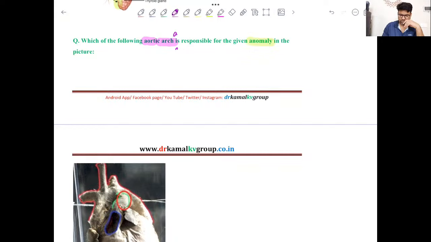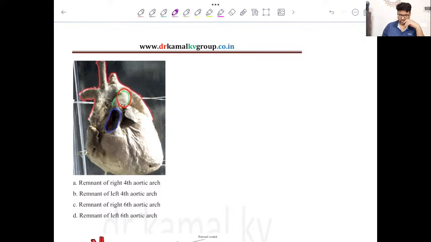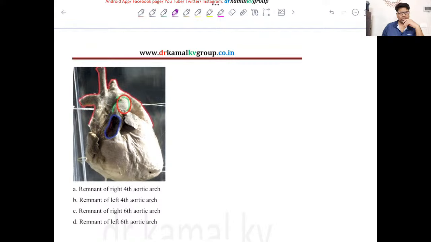So the image was shown, and the concept was about the derivatives of aortic arch arteries. Yes, so would anyone like to answer this particular question?